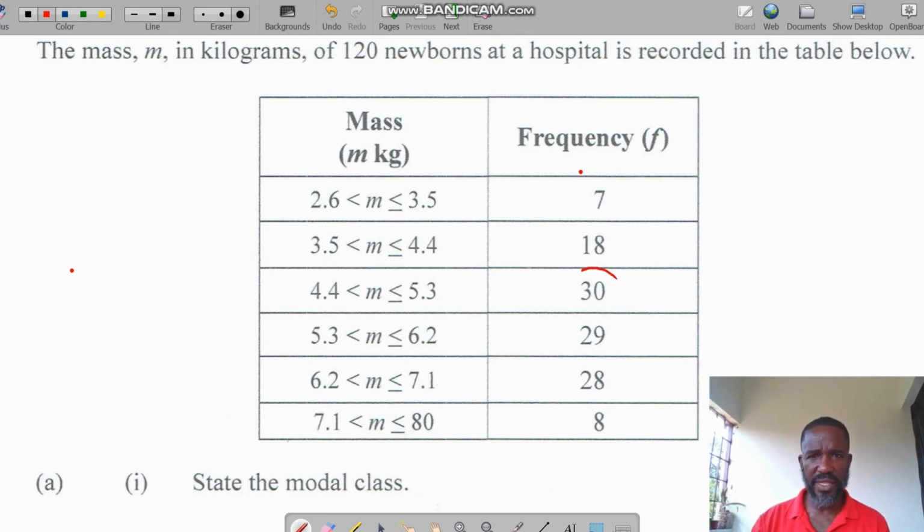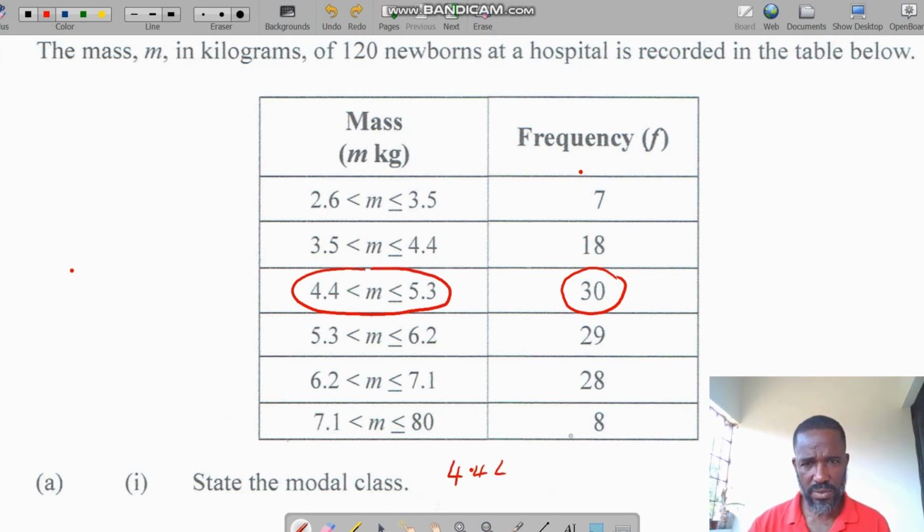If we look at the frequency here, 30 is the highest. So therefore, the modal class is between 4.4 to 5.3. So this is the modal class here.